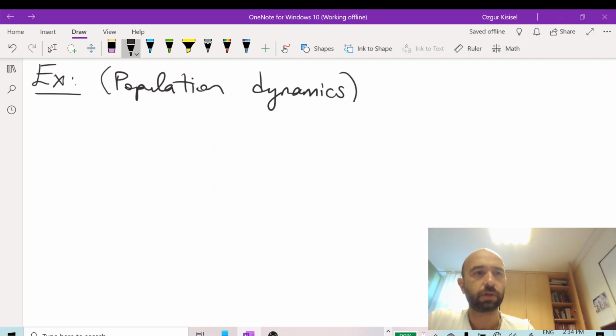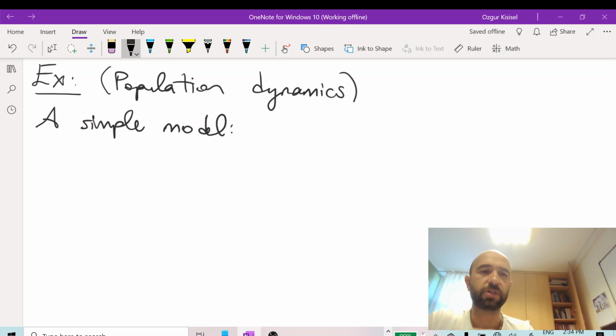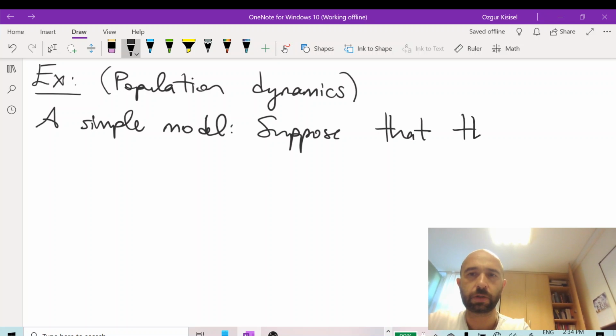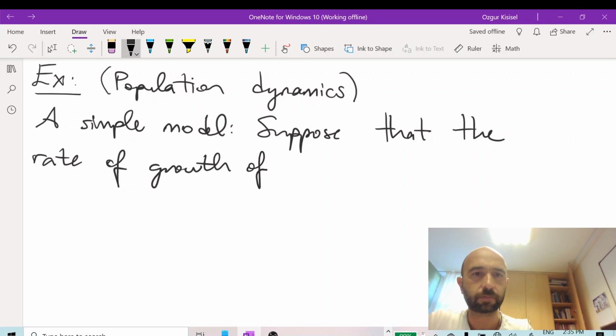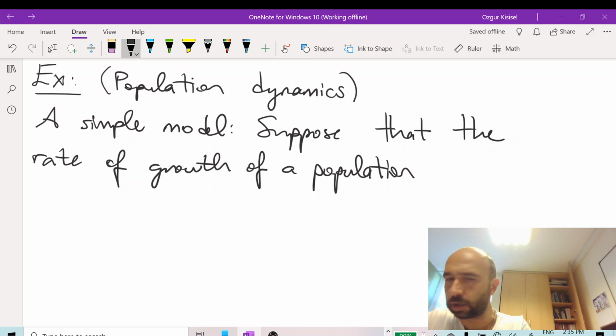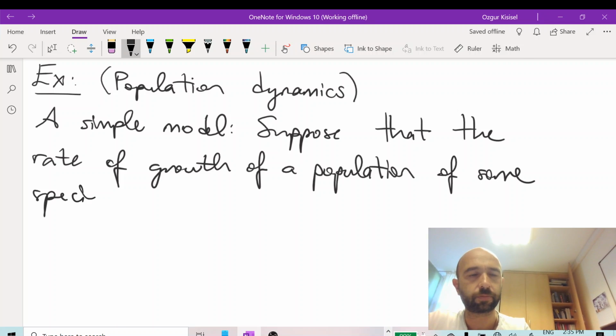So a simple model is about exponential growth. So suppose that the rate of growth of a population of some species is directly proportional to the existing population.